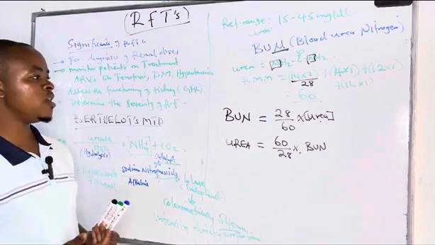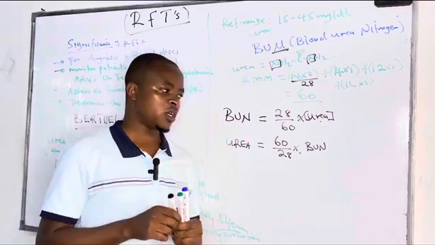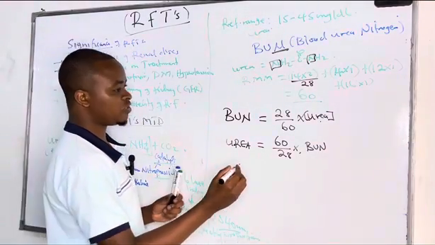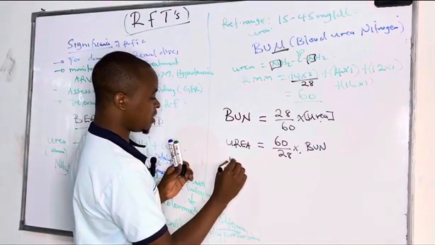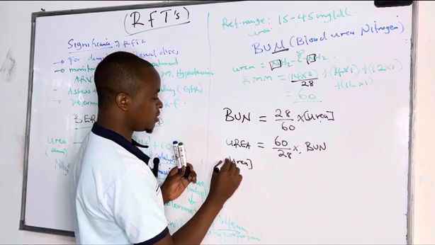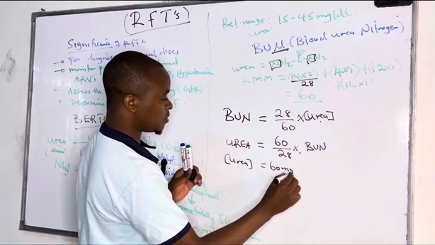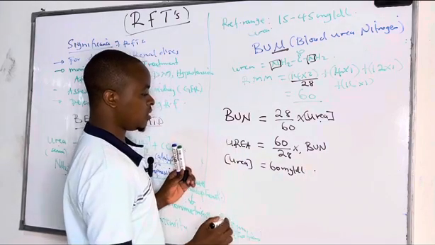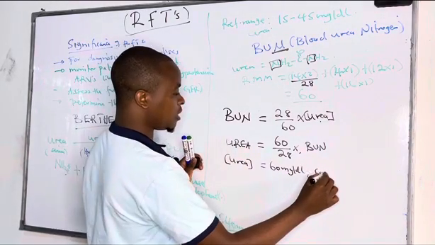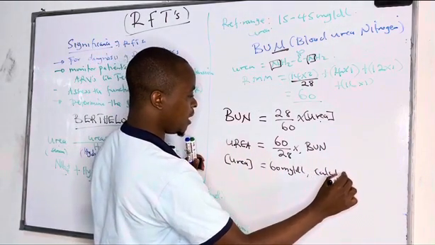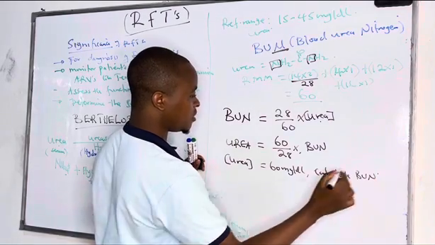For example, if a patient came and I determined his urea concentration, and given that the urea concentration of this patient was 60 milligrams per deciliter, and I ask you to calculate the BUN, blood urea nitrogen.